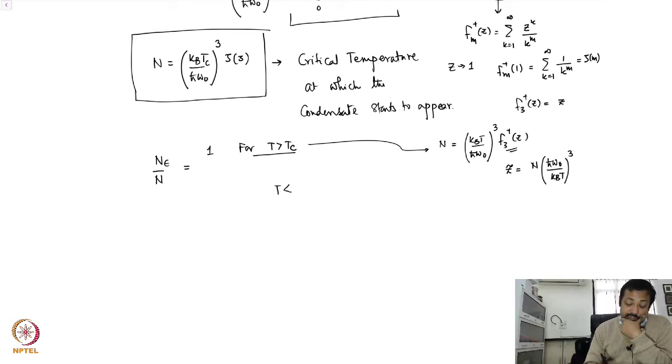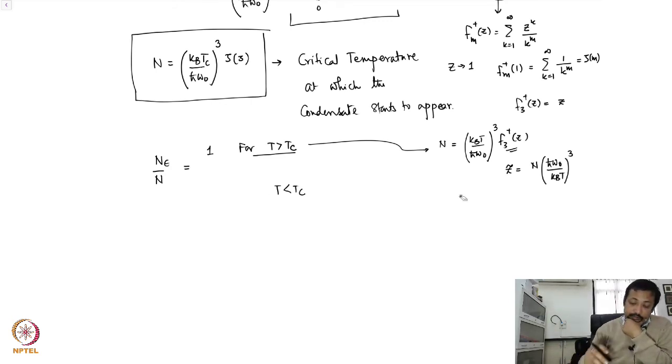For T less than Tc, I have F3(Z) being substituted by zeta of 3, so that you have N_ε for T less than Tc. One can do a very simple calculation.